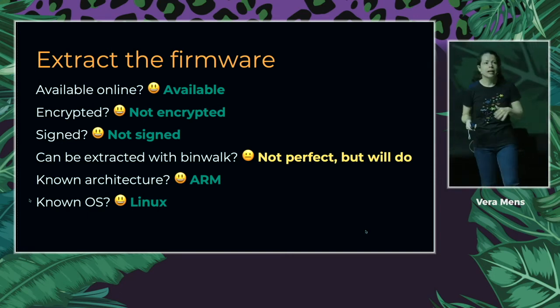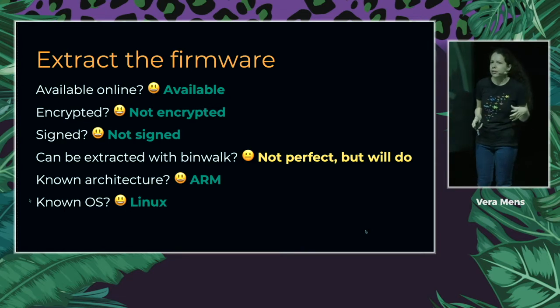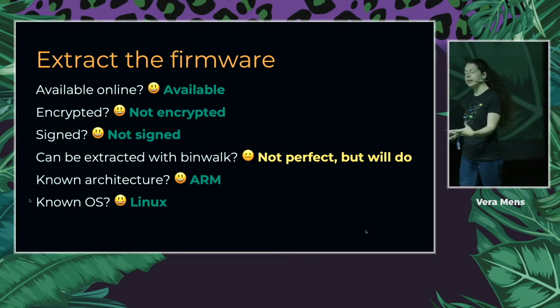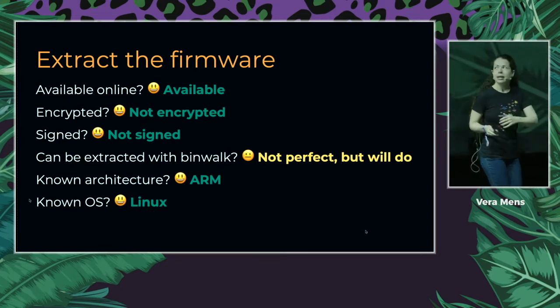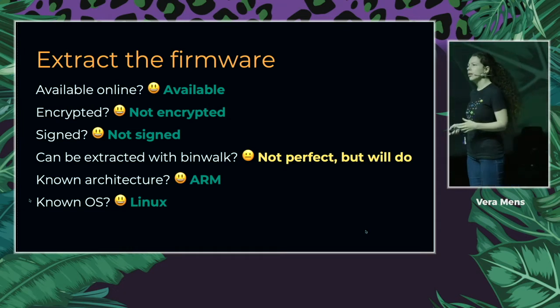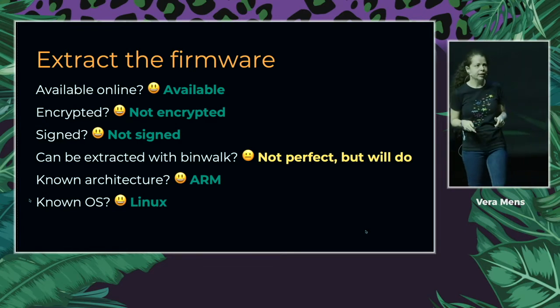But we were lucky, the firmware was online, and the time from getting the firmware until we start to reverse engineer it depends on various things. One of them is whether the firmware is encrypted, signed, whether it works with an architecture that our disassemblers understand, right?